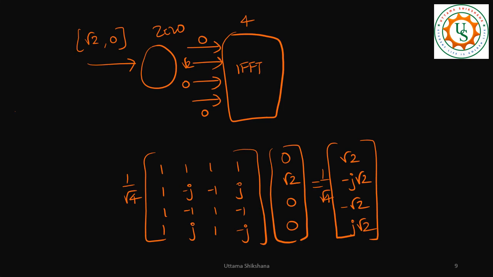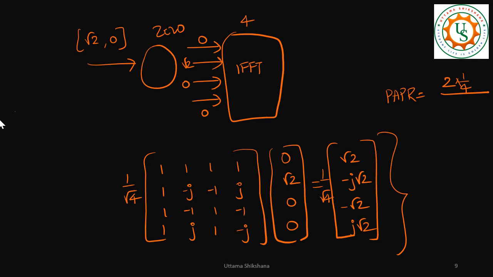Now, how does my power look like? Here almost all of them have the same magnitude. So peak power will be 2 if you take any of the values, and with the normalization, 1 by 4 into 2 will be the peak power.